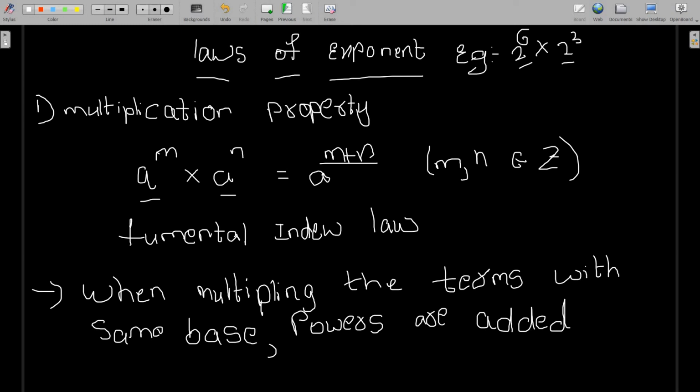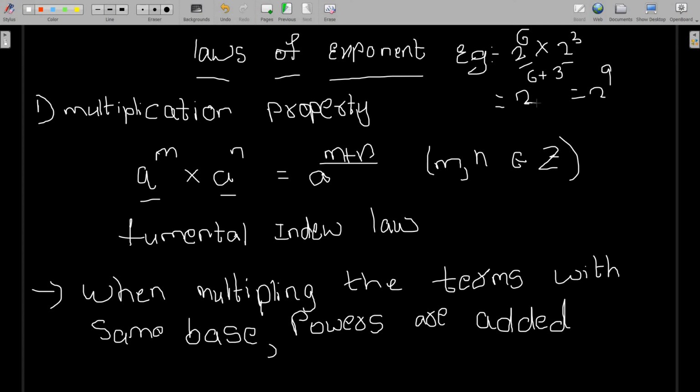Here the bases are the same. Here 2 is the base, and in this term also 2 is the base. So the answer will be 2 to the power of 6 plus 3, the powers are added. 6 plus 3 is equal to how much? 9. 2 power 9 is the answer, and 6 and 3 are the integers.